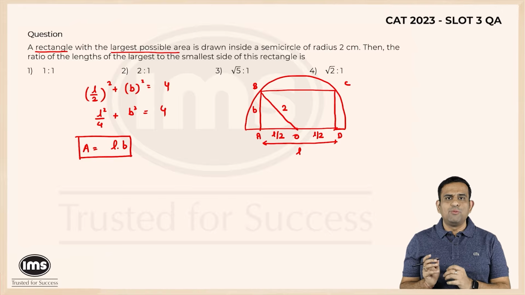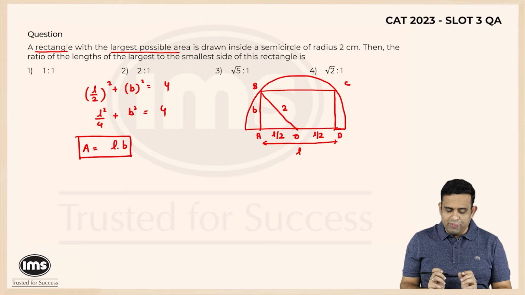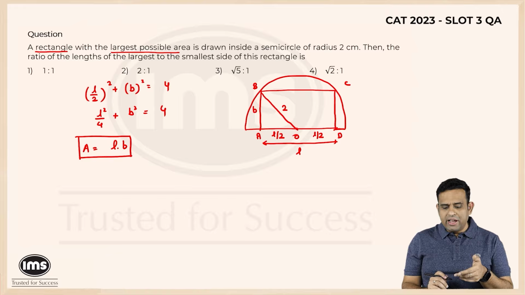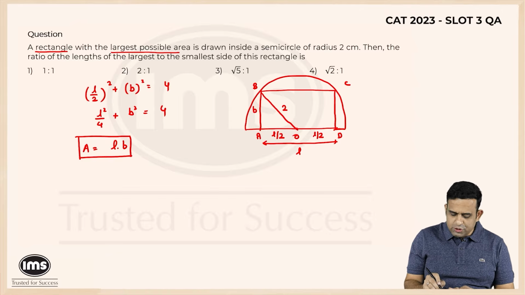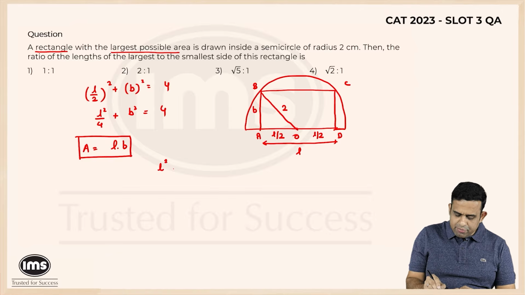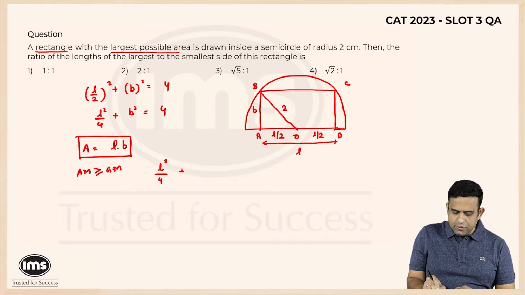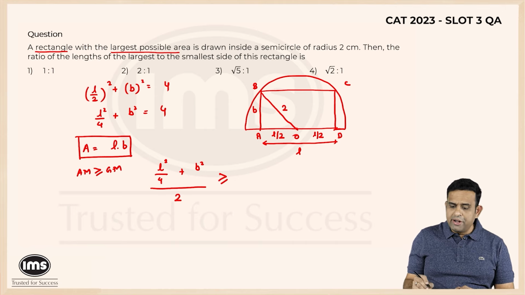So we can take the help of, one can say, AM and GM property. If my two terms, let's say, are L square by 4 and B square, then I'm using the property AM is more than or equal to GM. So (L square by 4 plus B square) by 2, that's my arithmetic mean, must be more than or equal to the geometric mean, which is the square root of the product.